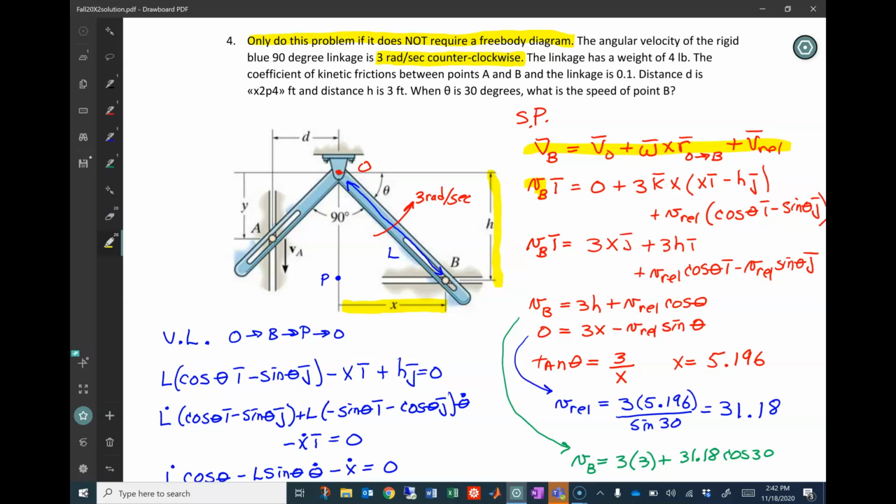Okay. Now for the VREL, what you do is you pretend like you're standing on the slotted member. So you pretend like you're standing here, and you're looking at the O and the B. B is going to look like it's moving in that slot under your feet.